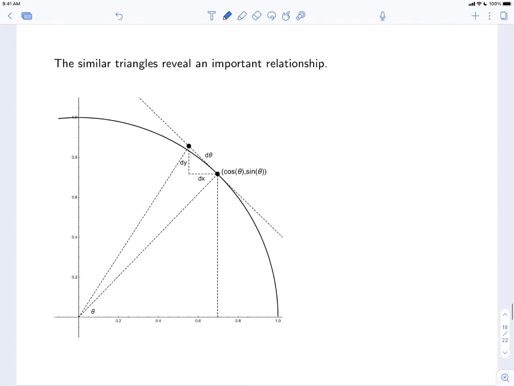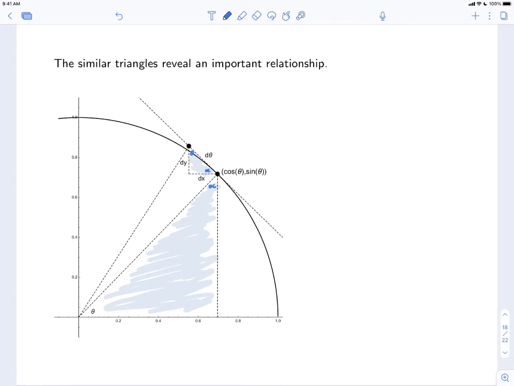Now these two similar triangles will reveal an important relationship. Just to mark them again, remember that this is one of the triangles, and then the other one is this triangle right here. These are similar triangles. And remember that this angle is theta, and the other angle we were calling alpha.